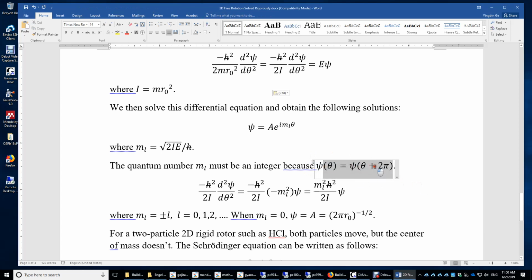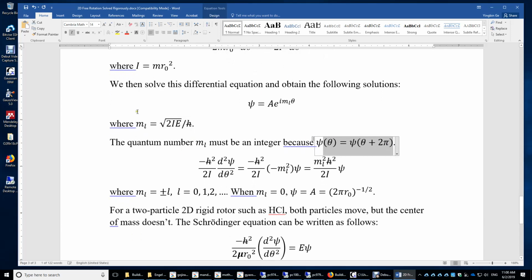Using this periodicity or boundary condition, we see that m sub L will have to be an integer. m sub L can be 0 or negative integers or positive integers. So we set m sub L to be plus minus L, and L is a non-negative integer. L equals 0, 1, 2, 3.